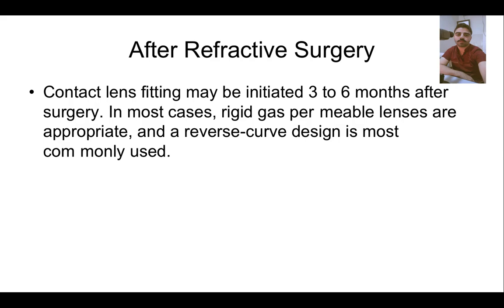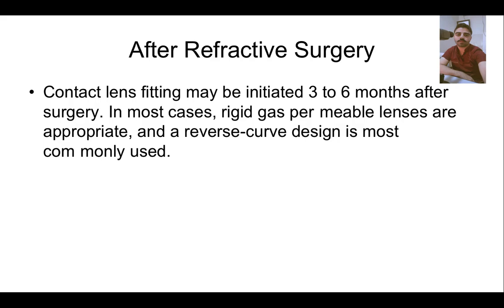And if any patient has undergone any sort of refractive surgery, PRK, LASIK, or SMILE, but after the surgery still has some refractive error which was not corrected, the remaining or residual refractive error can easily be corrected by prescribing a contact lens.